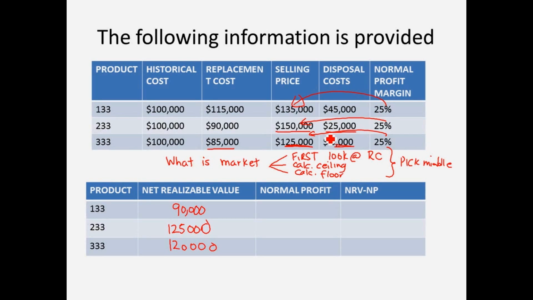All right, so what is 25% of 90,000? 22,500. How about 25% of 125? 30. And 25% of 120?